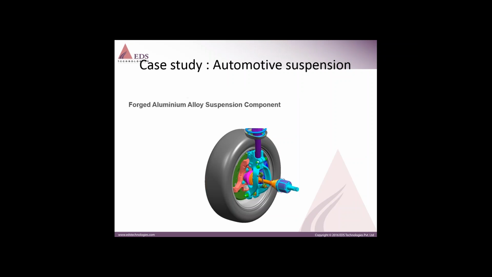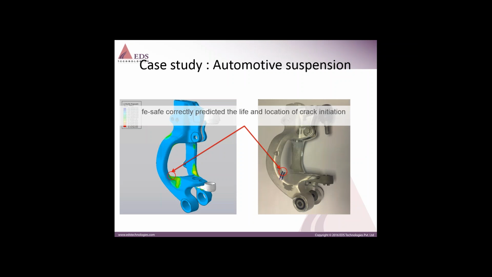Again, I have another example of a suspension itself, where I can very clearly see the location of this particular crack initiation. You can see on the right hand side the tested suspension, whereas FESafe predicted at the same location the crack initiated.